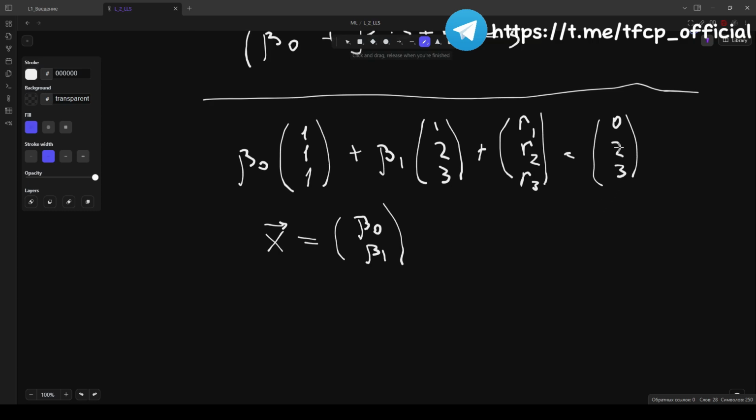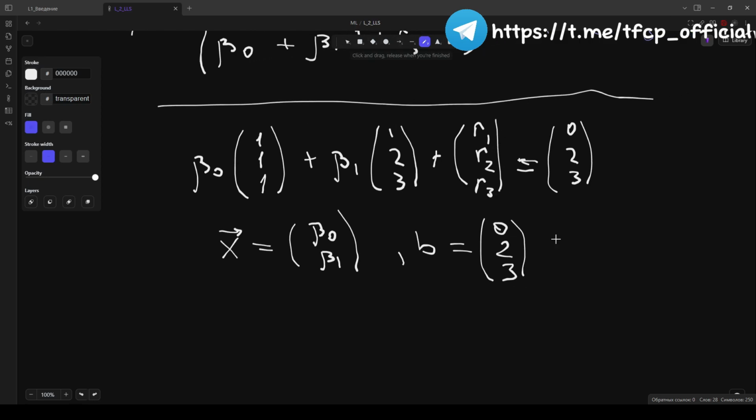Now the vector on the right side of the equal sign, I will denote as vector b. This will be the vector 0, 2, 3. I will denote r1, r2, r3 as vector r.